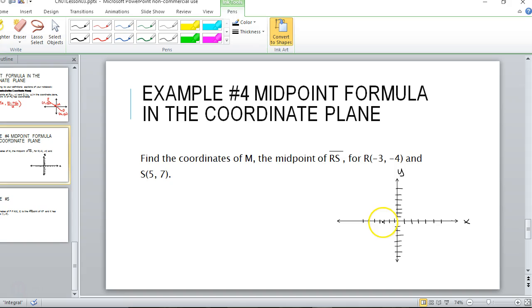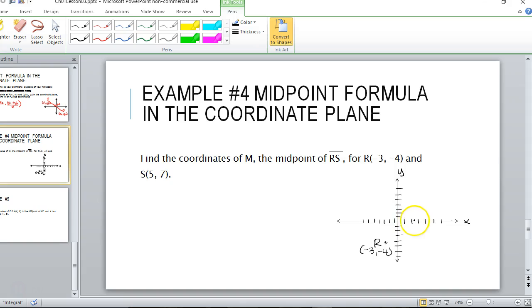I'm going to go left 3 and down 4. Alright, and so I'm going to write (-3, -4) by that point. Those are the coordinates of the point. And I'll go ahead and label it R.